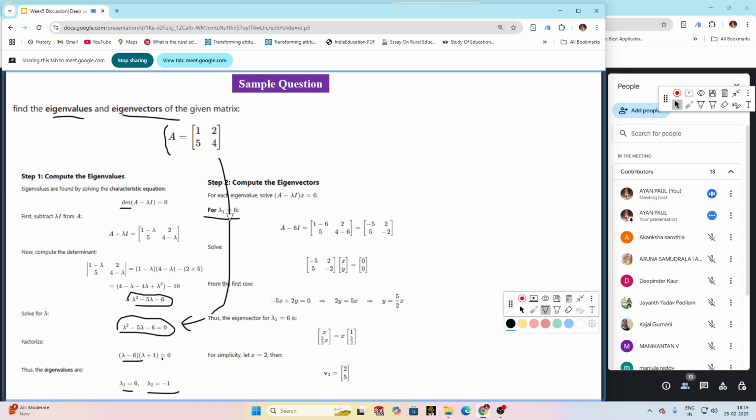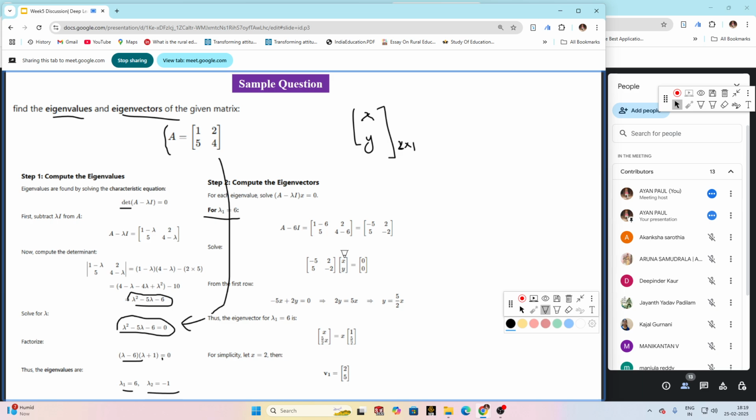Whenever we put lambda 1 equals 6, we will have this equation, and let's assume that our eigenvector is a vector of order 2 cross 1, with two elements x and y. When you solve the equation, we will have two equations.